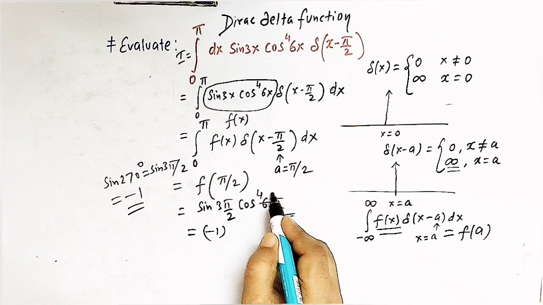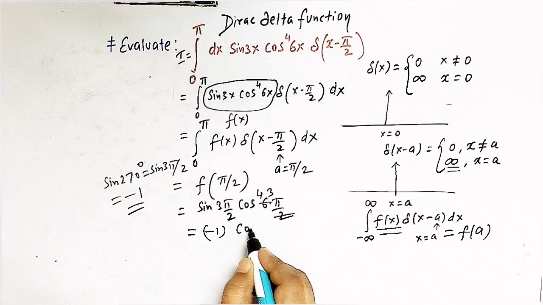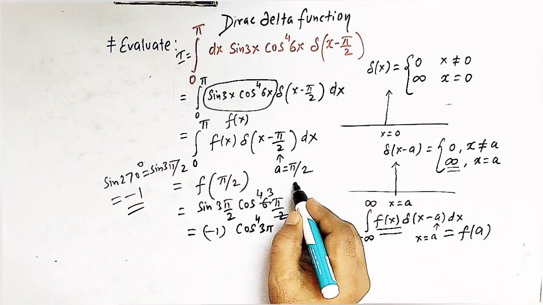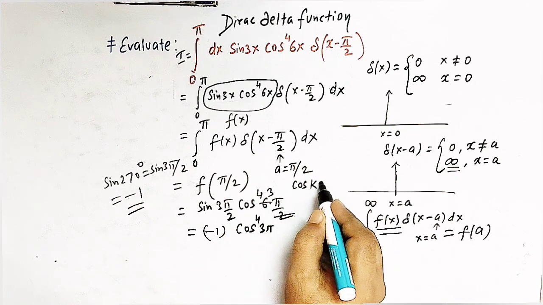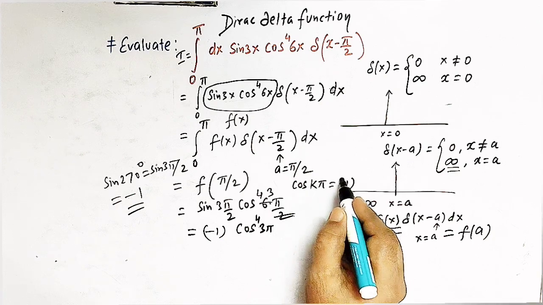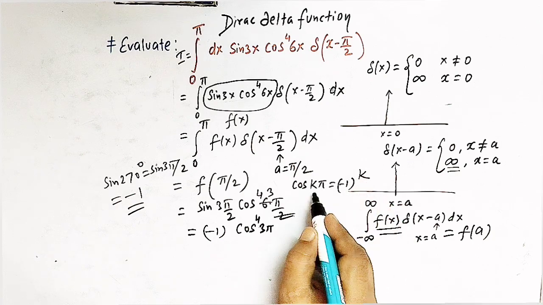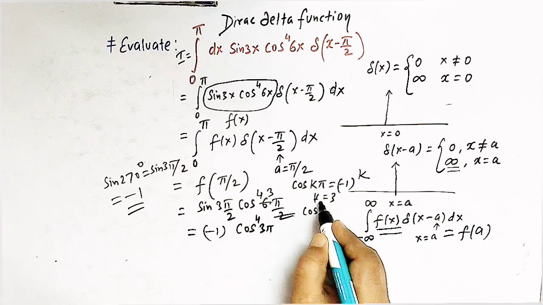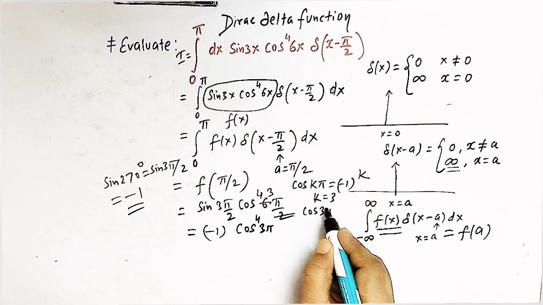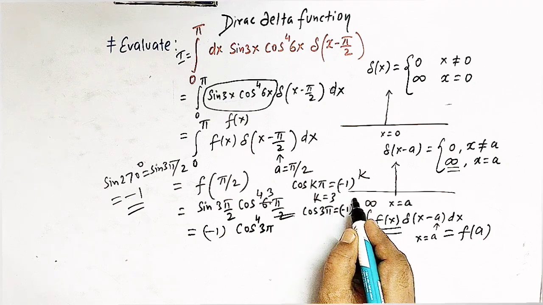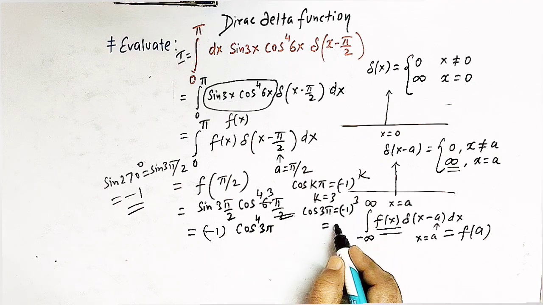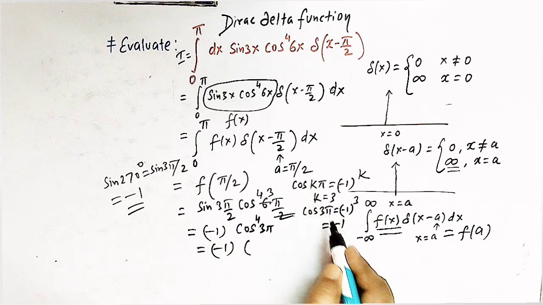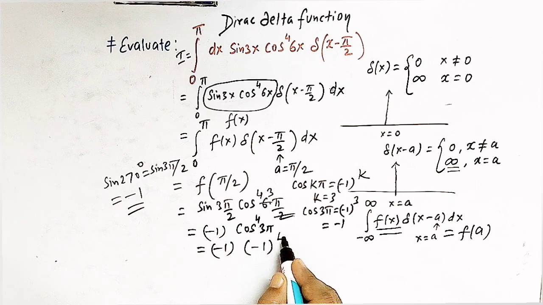And here we have 2 times 3, that is cos 3 pi raised to 4. Now see, from trigonometry we know that cos of k pi is equal to minus 1 raised to k. So here k is 3. So we have the value of cos 3 pi as minus 1 raised to 3. So minus 1 raised to 3 is minus 1. So we have cos 3 pi is minus 1, so we have minus 1 raised to 4.